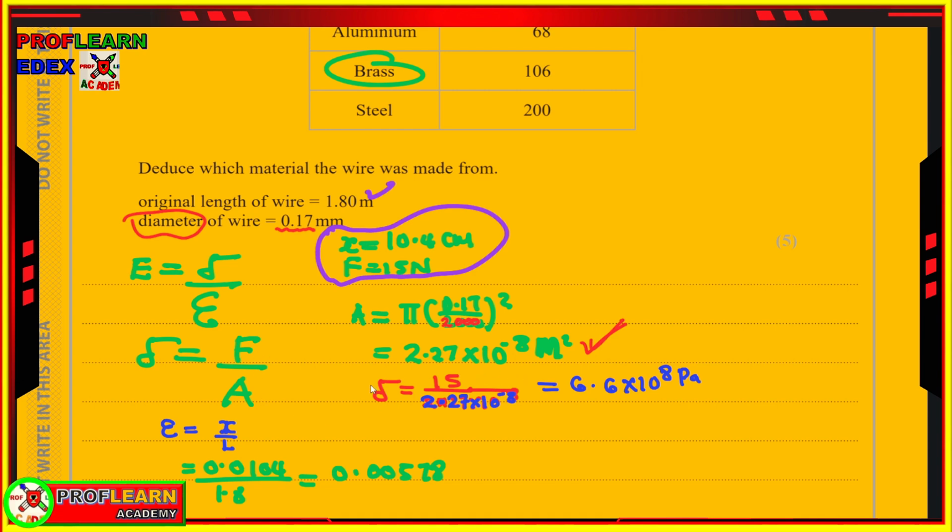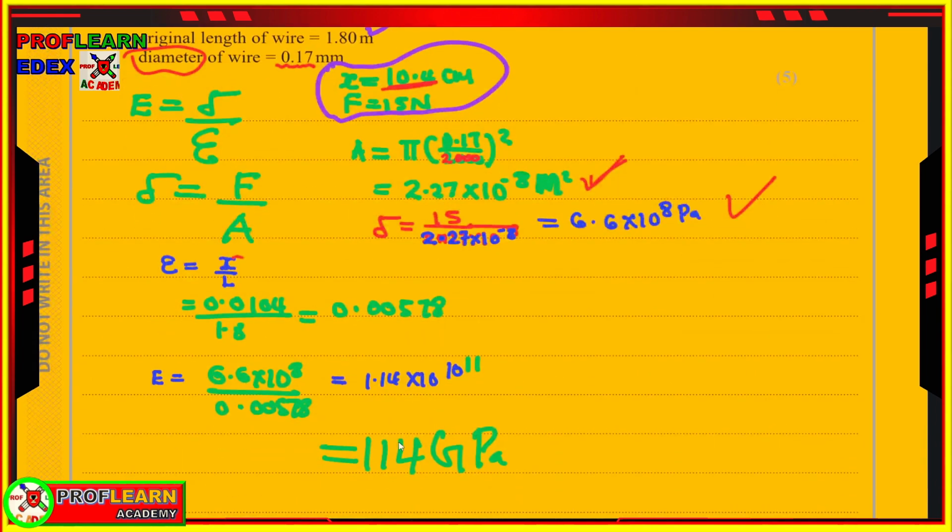So I went ahead and worked out stress, which I got here. And then remember, strain is extension over the original length. My extension was in centimeters, so I had to convert to meters and then divide by the original length. When I worked out my value, I got 1114 gigapascals.